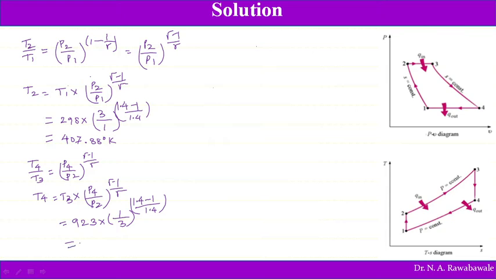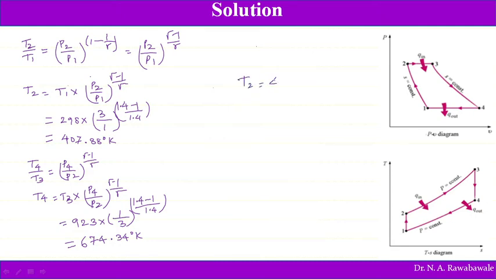On simplification we get this as 674.34 degree Kelvin.